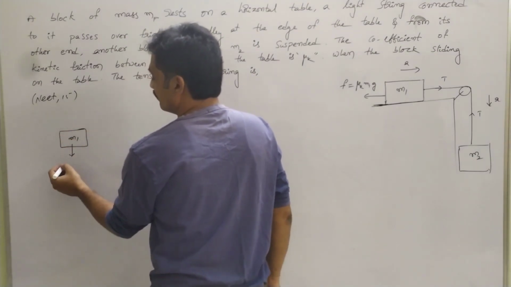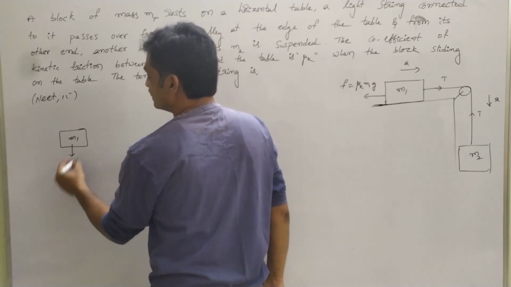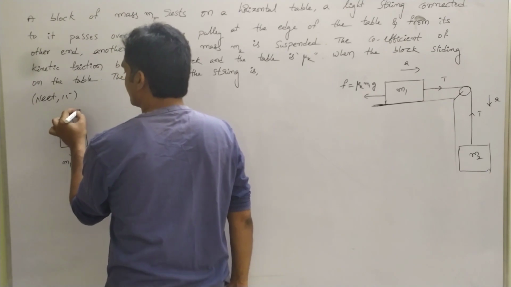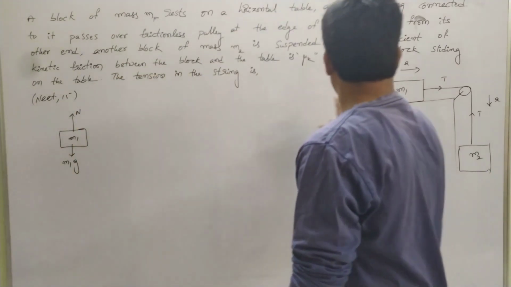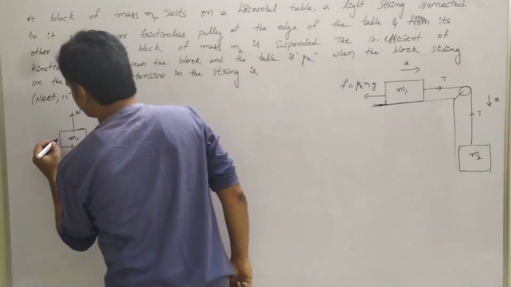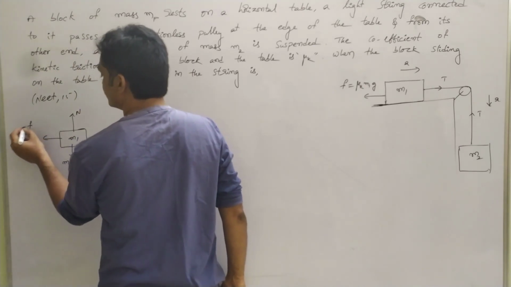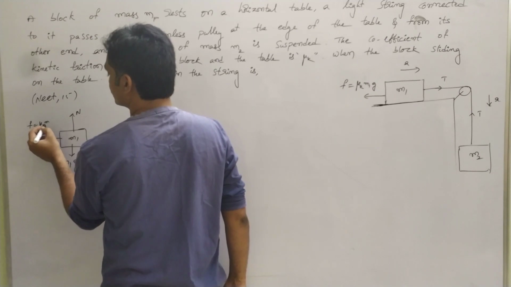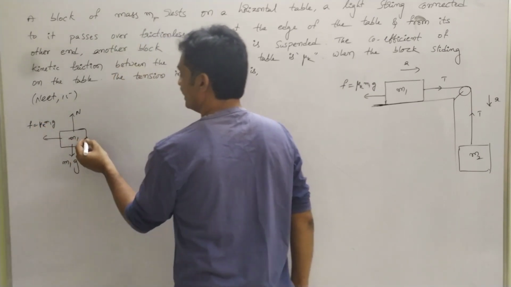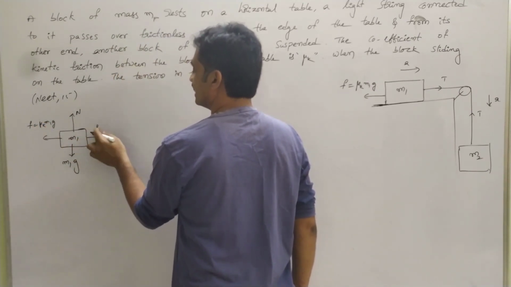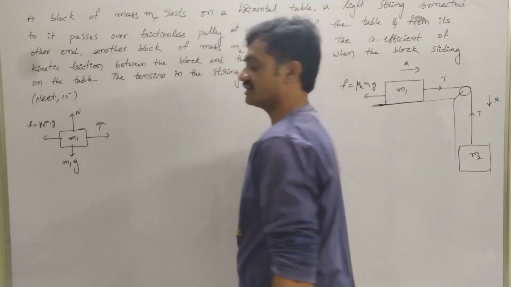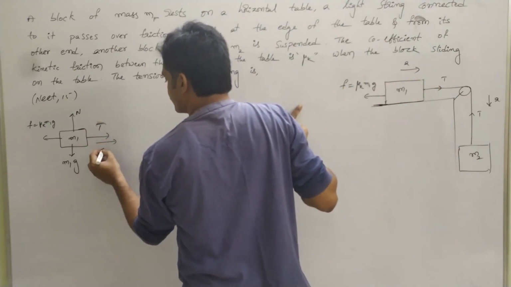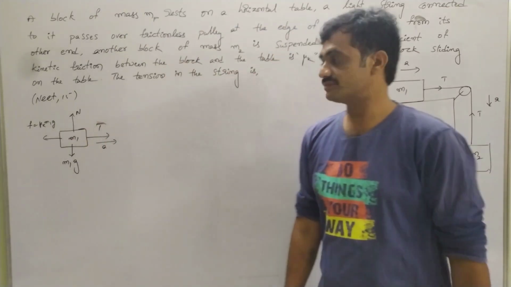observe this, the weight of this block acts in the downward direction, whereas here the normal reaction acts in the upward direction. Observe this frictional force is acting in this direction, where it is represented as F equals mu suffix k m1 into g, and here the tension is acting in this direction. So observe that the block is moving in this direction with an acceleration a.